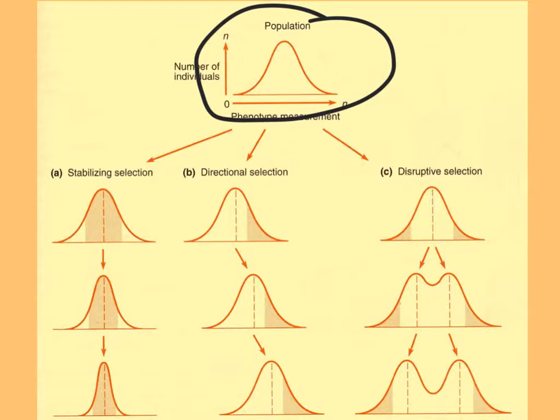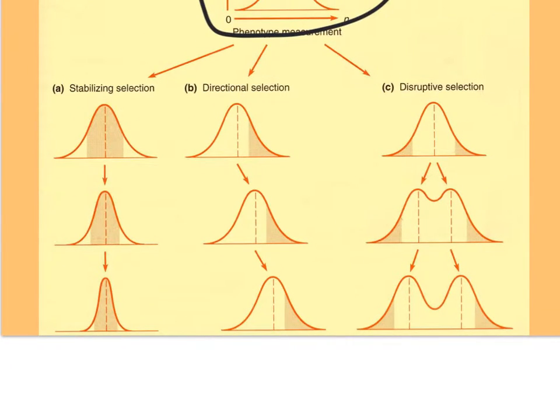So if we look at A, on the left, we have stabilizing selection. That means individuals that are closer to the mean have higher fitness. So as you can see, there's going to be selection against the biggest and the smallest. So they all die.